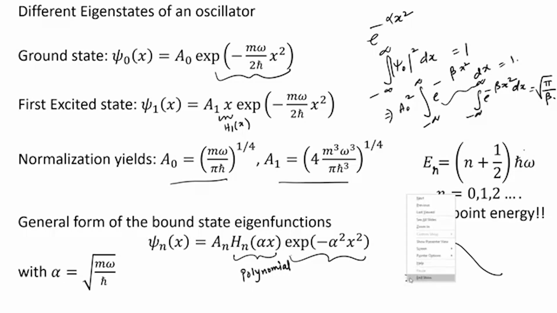The second one will have a shape like this, and so on. I probably did not draw it properly, but this is the lowest one, and then this will also be like this.